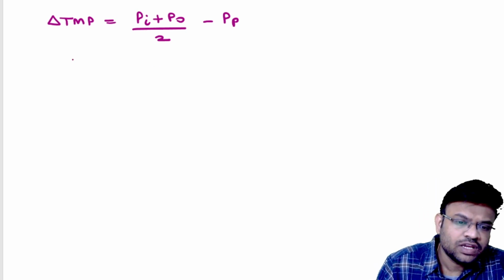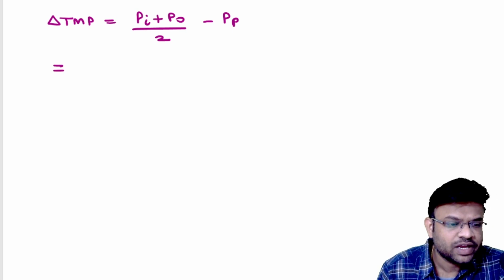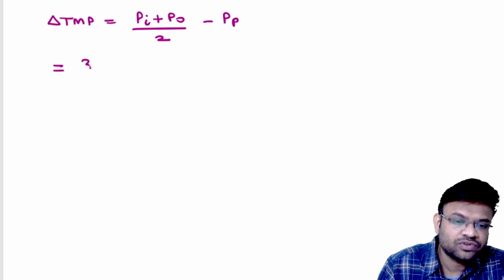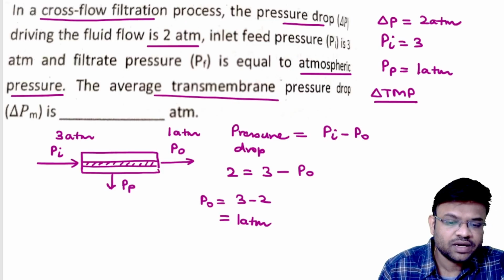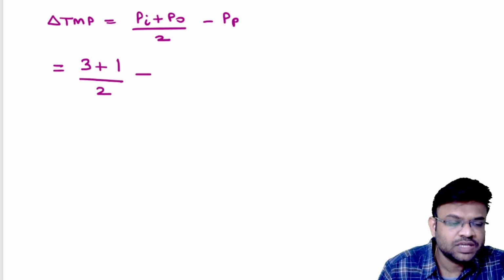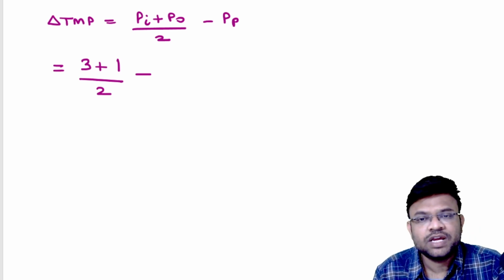Pi was given as 3 atmosphere, Po we just calculated as 1 atmosphere, so (3 plus 1) upon 2 minus Pp, which was given as 1 atmosphere.